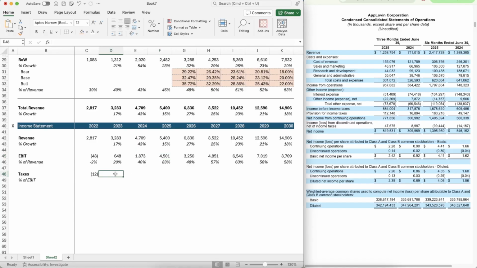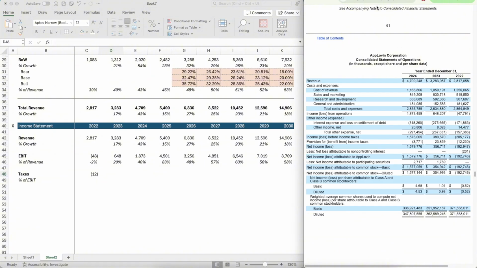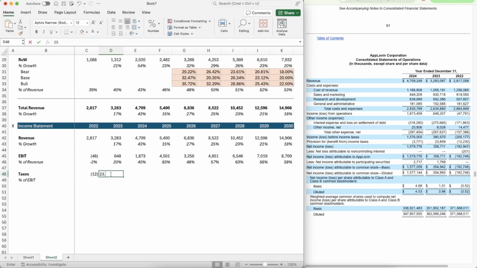Yeah, it's fine, it's good. Taxes, so come back onto this, the 10K. They spend 23. Minus 3.771. There we go.